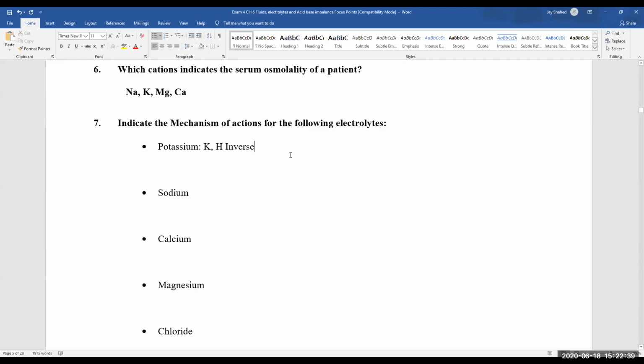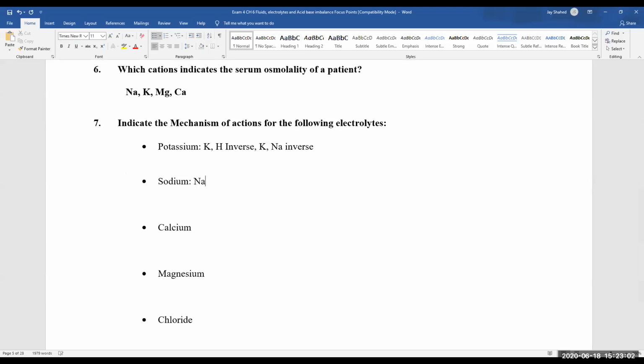How about sodium and potassium? Inverse relationship. Okay. So this one is inverse also. So okay, what about sodium? What does it go with usually? Sodium, again, potassium, right? And what else does it go with?